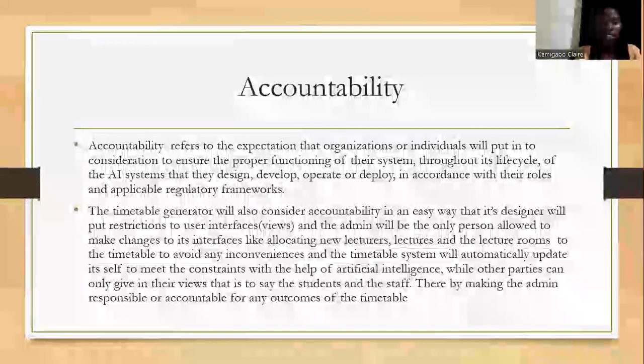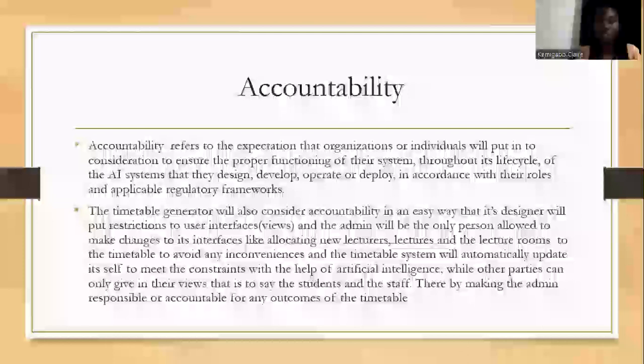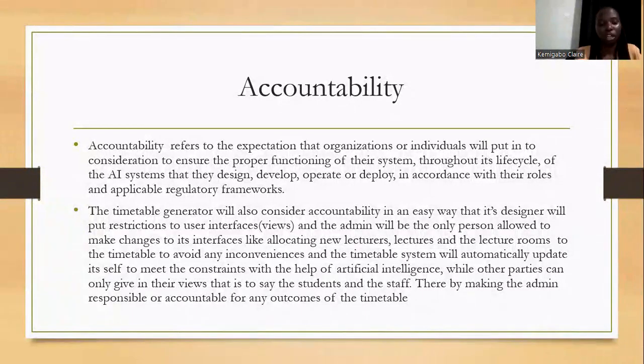So, accountability. Accountability refers to the expectation that organizations or individuals will ensure the proper functioning of their systems throughout the life cycle of the AI systems that they design, develop, operate, or deploy, in accordance with their roles and applicable regulatory framework. Accountability here comes in as who is responsible in case anything happens.